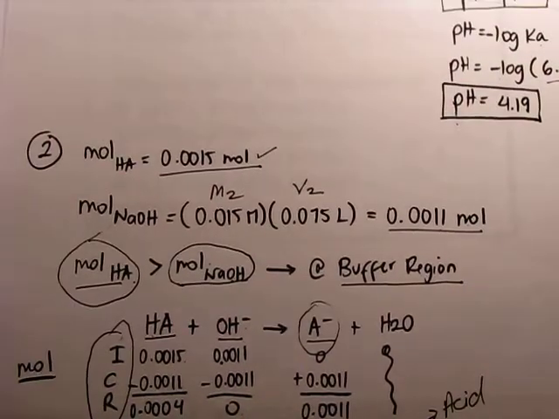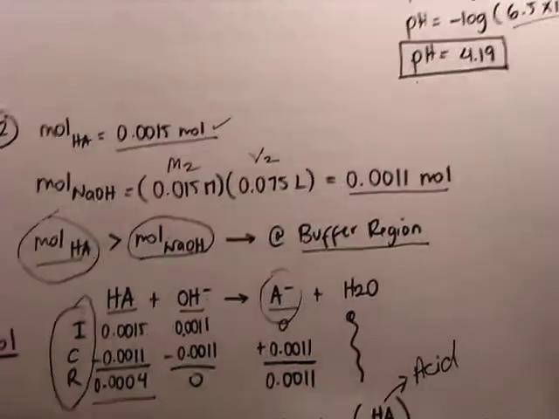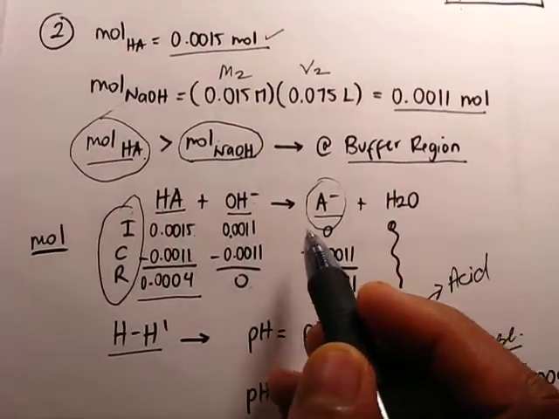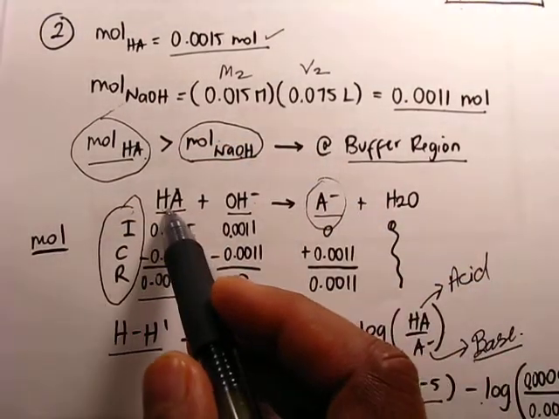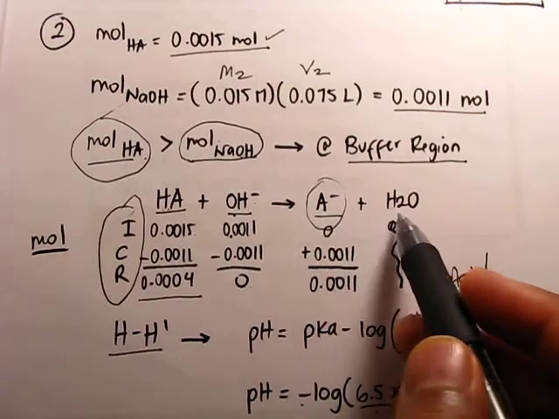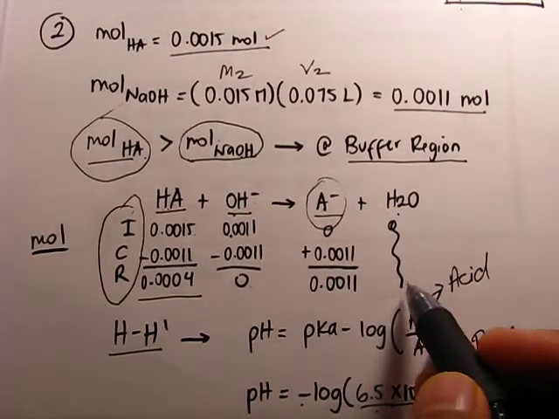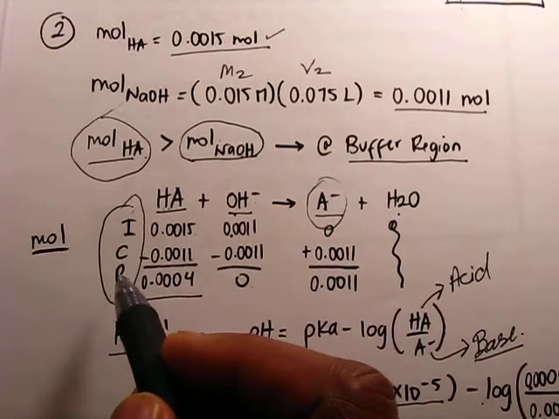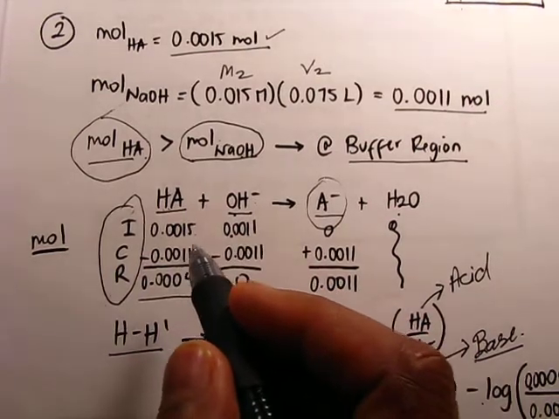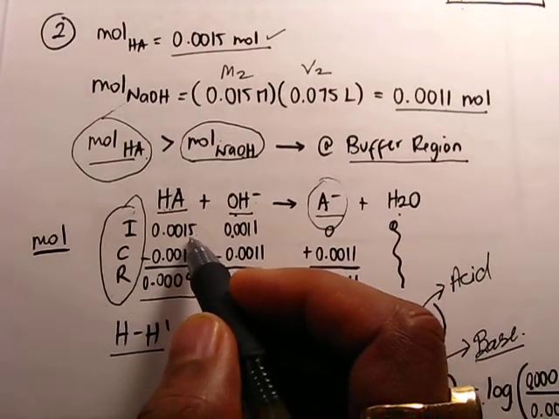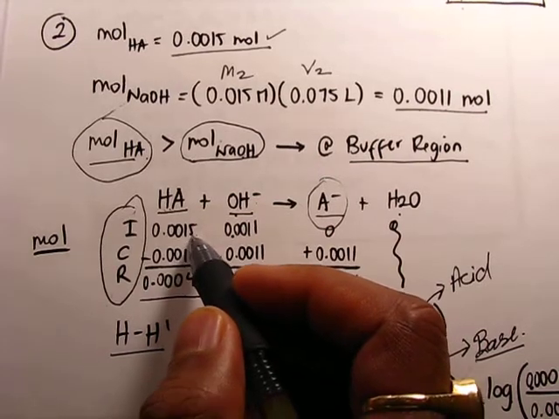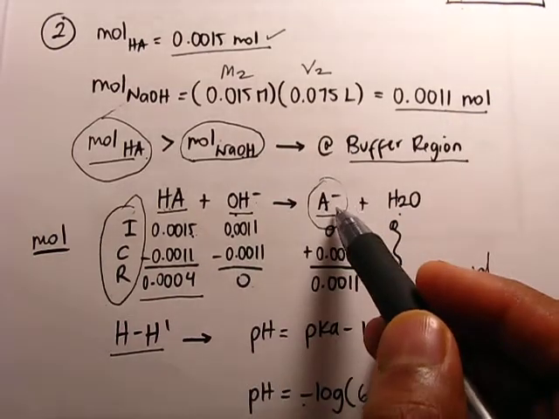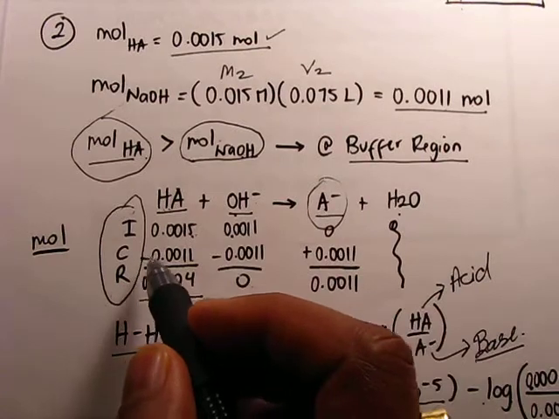In the buffer region, we have to use the Henderson-Hasselbalch equation. First we have to find how many moles of excess acid we have. Acid plus NaOH forms the anion and water. Water does not participate in this equilibrium, so we write an ICE chart. Initially we have the moles of the acid and the moles of NaOH added, and the anion is 0.